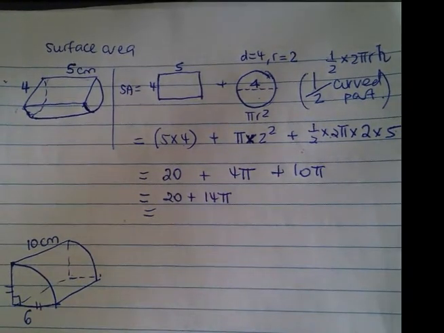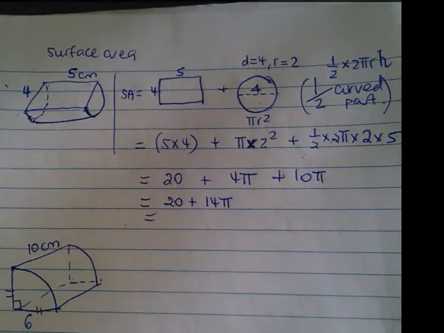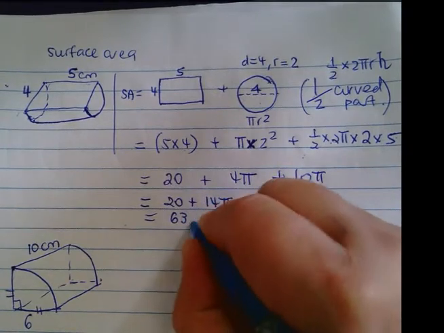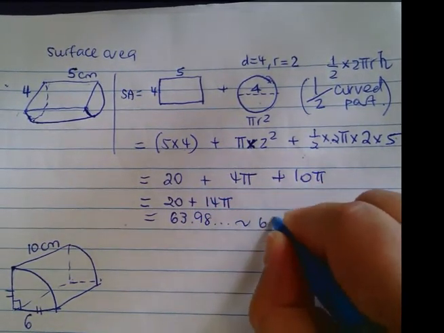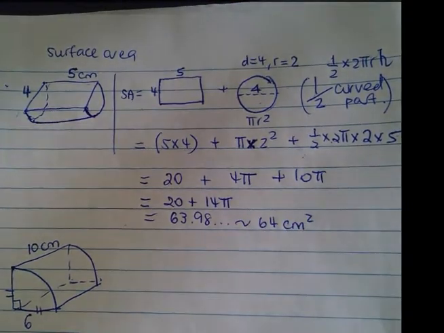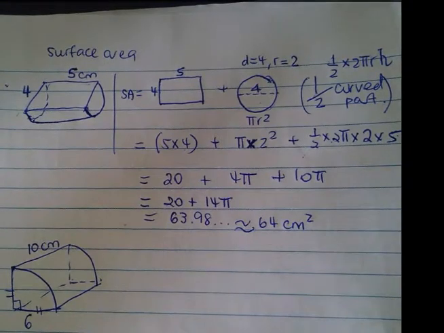You know, pi is about 3.1-ish. So you're looking at about 63.98, whatever. I'd say that's approximately 64 centimeters squared to the nearest whole number. Okay? Look how the measurements were given to you as whole numbers.